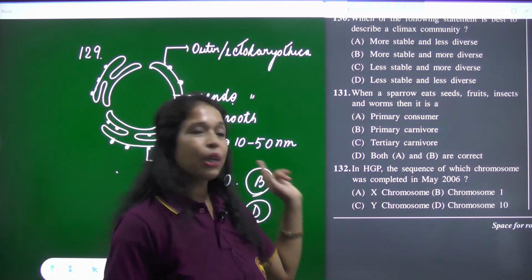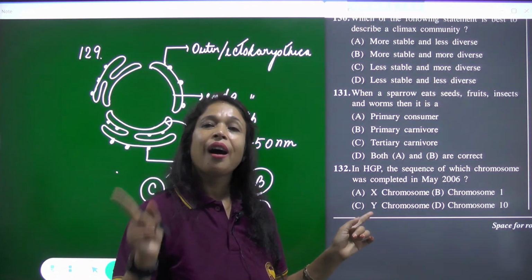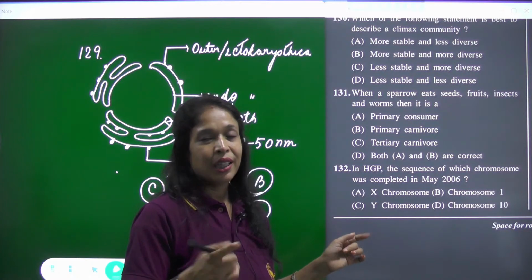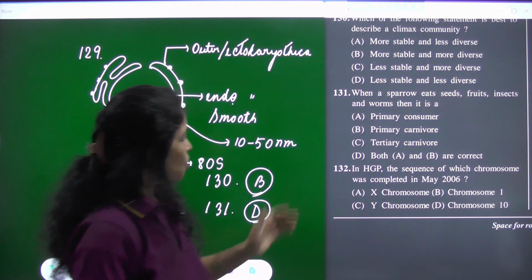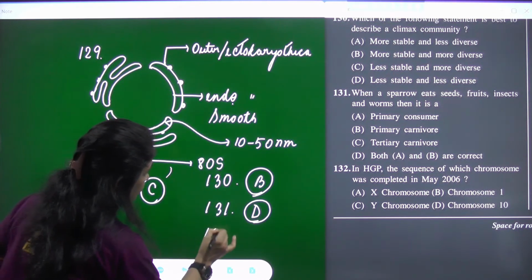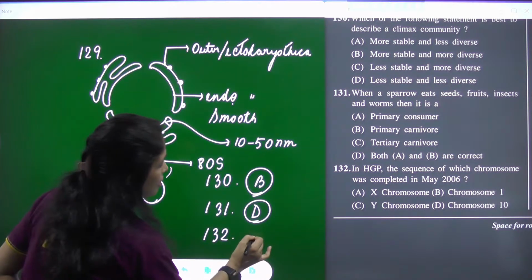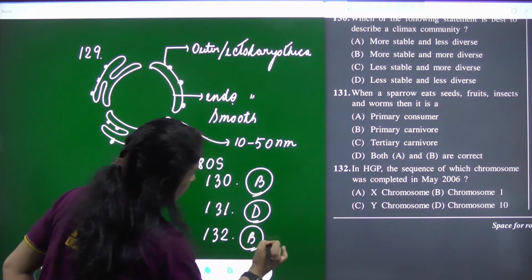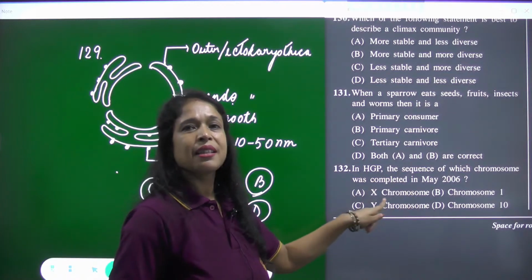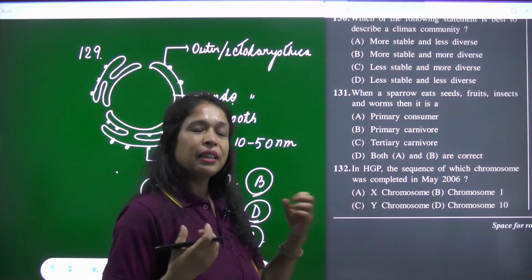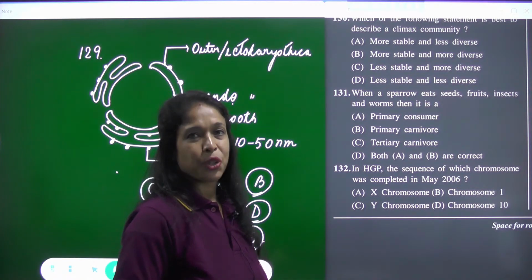This is the chromosome number having highest number of genes. This is chromosome 1, right? So 132, this is chromosome 1, that is second option. So आप सबने पढ़ा ही होगा, ये एनसीईआरटी में डायरेक्ट दिया हुआ है. This is salient features of human genome project.